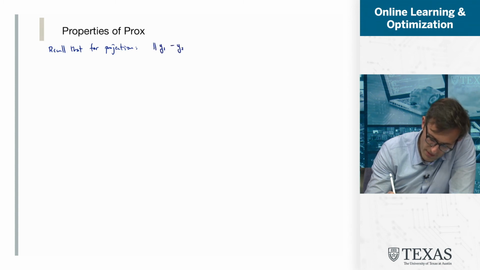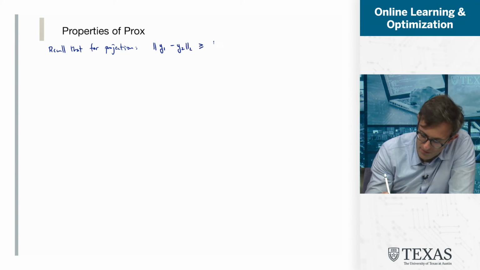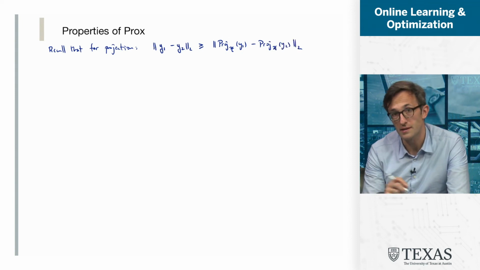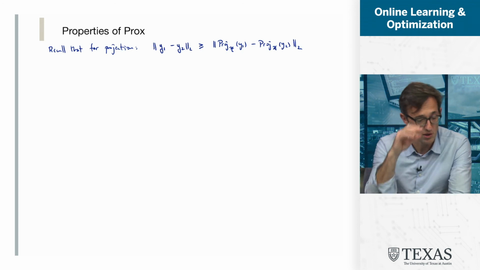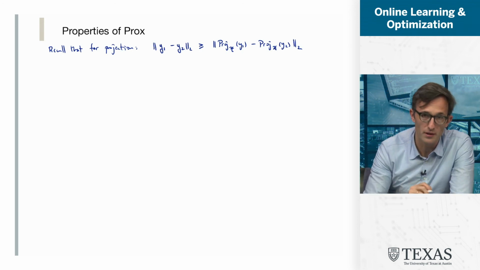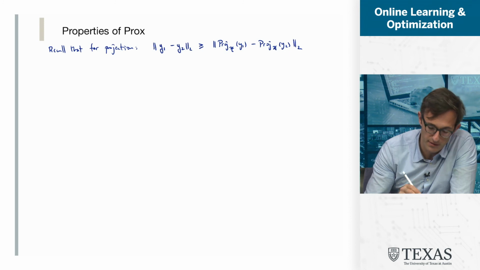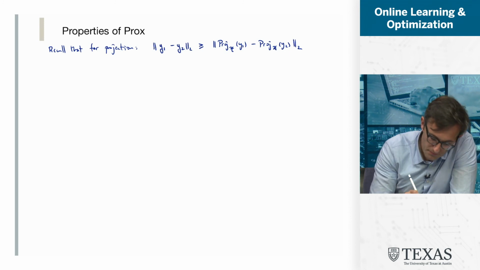So for projection, the distance between y1 and y2 was greater than or equal to the distance between the projection onto a convex set of y1 minus the projection onto the convex set of y2. In other words, projection is a contraction operator when you're projecting onto convex sets. So similarly, prox satisfies something akin to this.